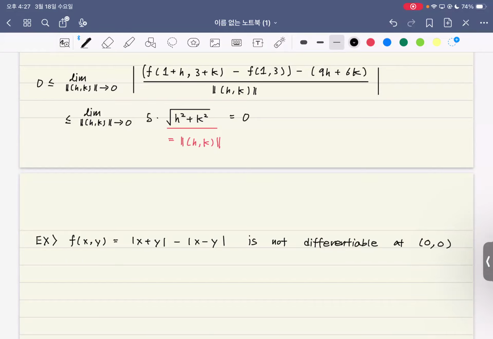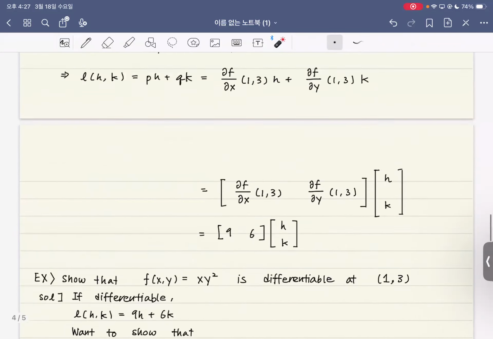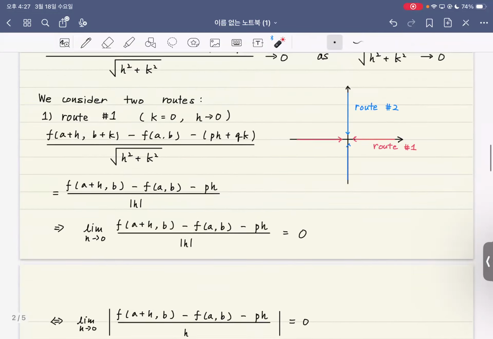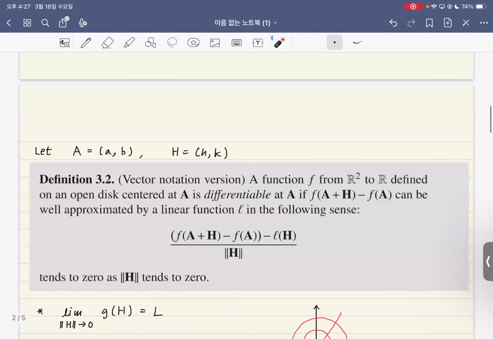In order to show that, I want to show that the limit of this guy does not exist. And in order to discuss the limit of this guy, first of all, I will need to find this one first, LH.